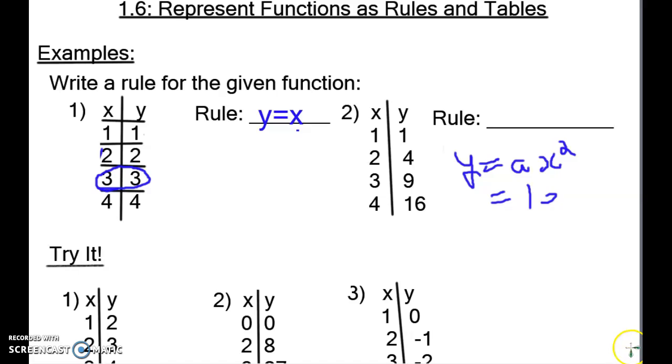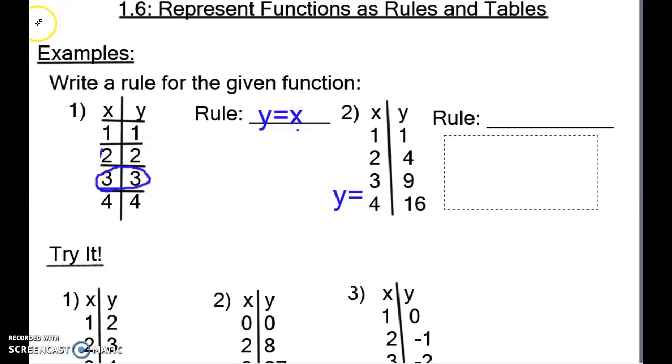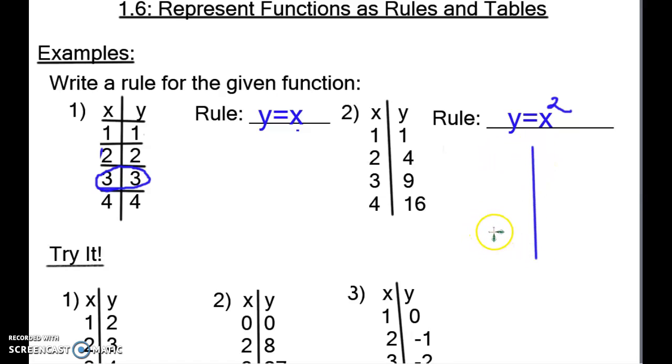So you can go ahead and write that as a rule over there, that y is equal to 1 x to the power of 2. If you're wondering how this graph looks, it would look like this.